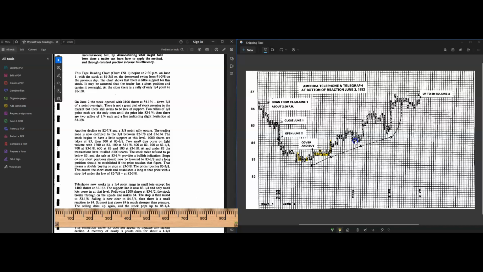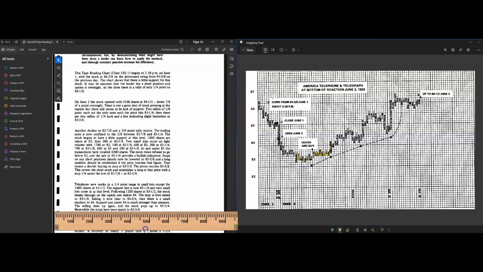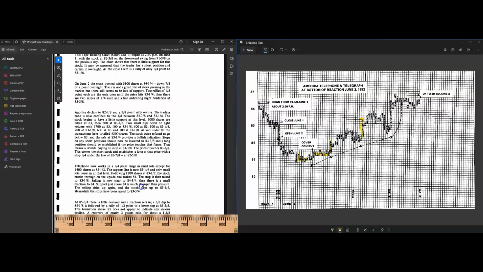So this one is 8. This one is 4. I think he's talking about the 8 versus the 4. The selling dries up again, and the stock pops up to 85 and a quarter. Basically, he's talking about pops up, meaning breaks out and goes here to 85 and a quarter. Meanwhile, the stops have been raised to 83 and 3/4.